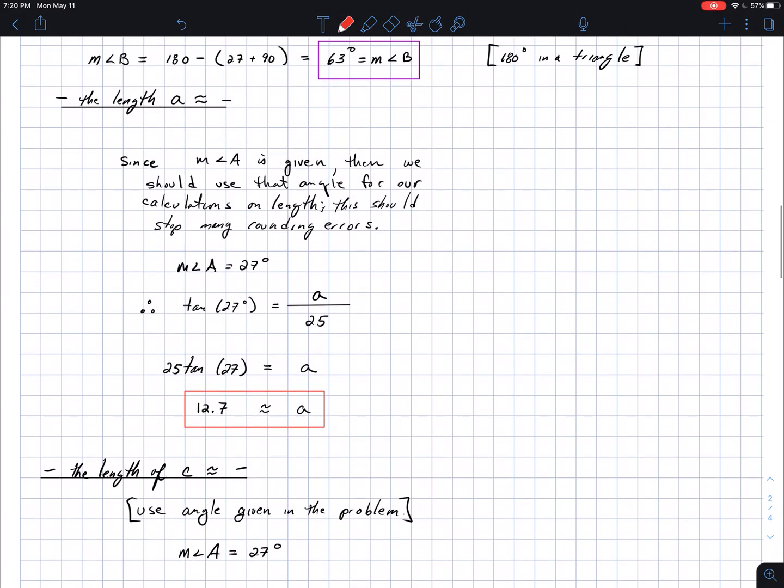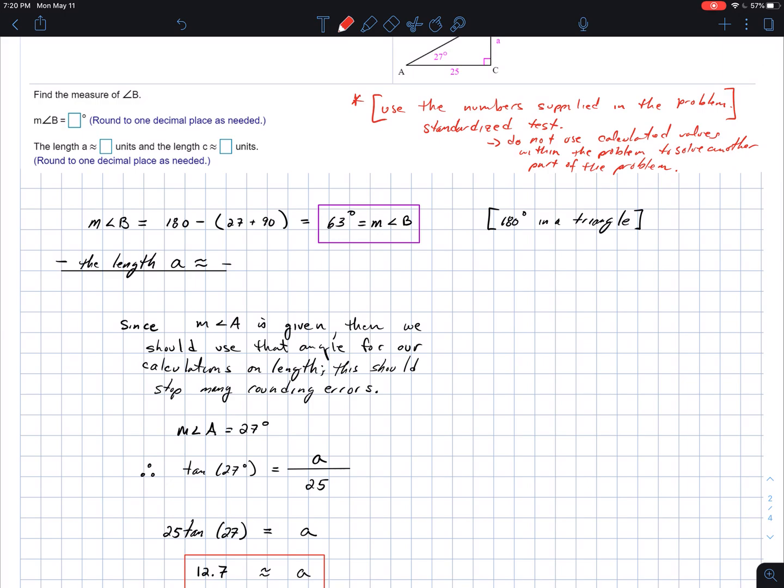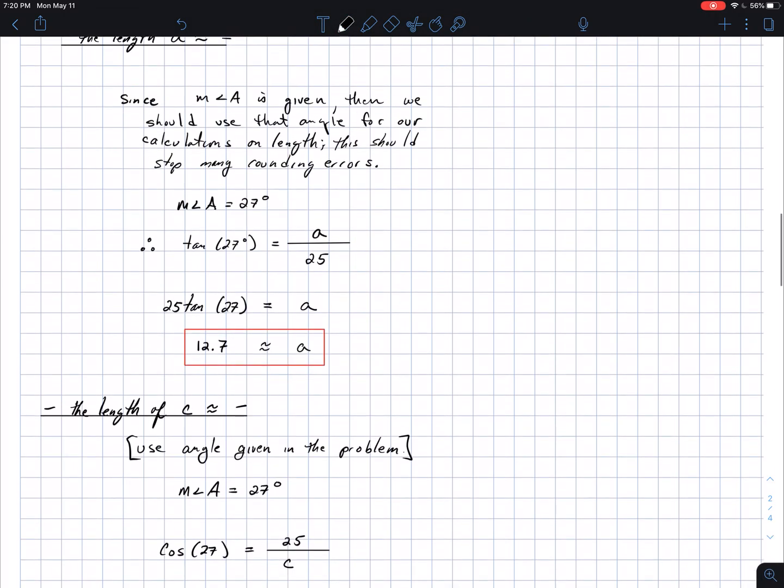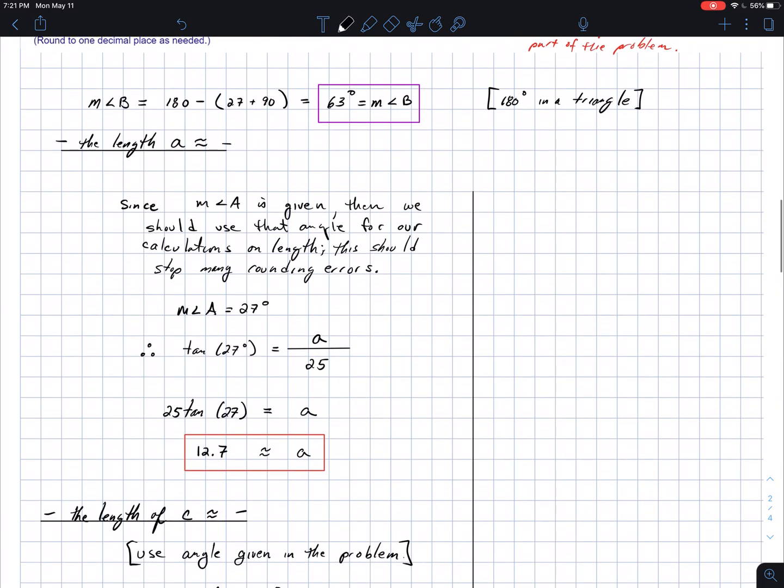Just as a reminder, this little symbol right here means approximate, okay? So we've calculated that out. Now, seeing that I've already given you the solutions for these, I'm going to try to show you that it doesn't really matter when you're working these problems out to a certain degree.